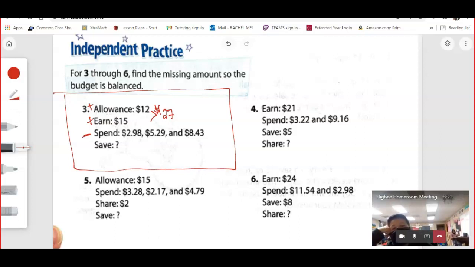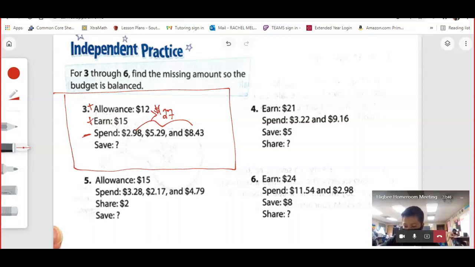Okay, now, I know you guys, that's a lot of subtracting, and that's a lot of chances to find the wrong answer. So my suggestion to you is, you should add all 3 of these amounts and then subtract it from the $27. Okay, does that make sense?